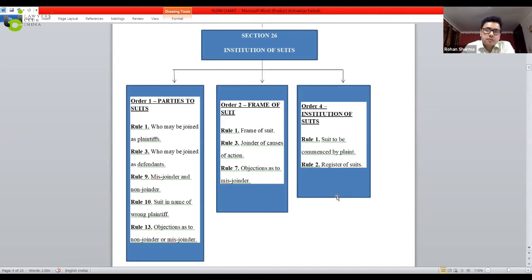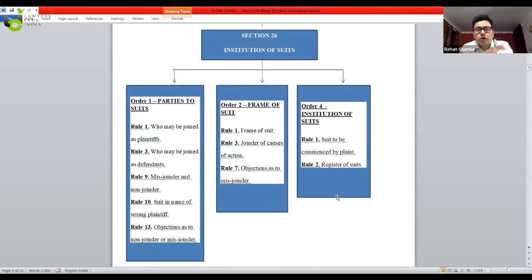So, of course, courts have the power to direct the inclusion of that specific party. Then what will happen in case the suit has been filed in the name of a wrong plaintiff? Then what are the powers and what is the specific procedure which has to be followed? You have a specific rule. Then in what stage and in what manner the objections in the situations of a non-joinder or of a misjoinder can be raised, for that, you have a specific rule.